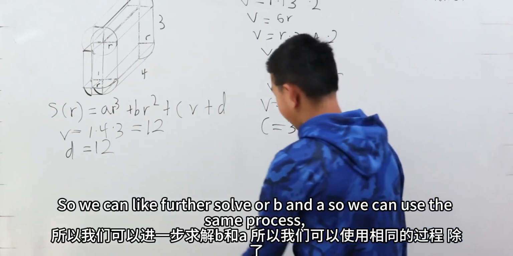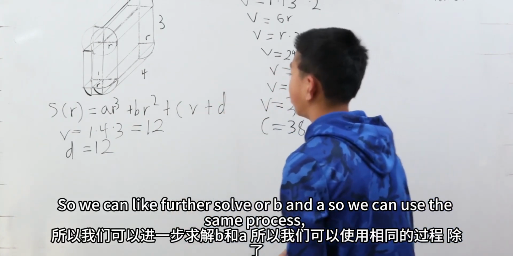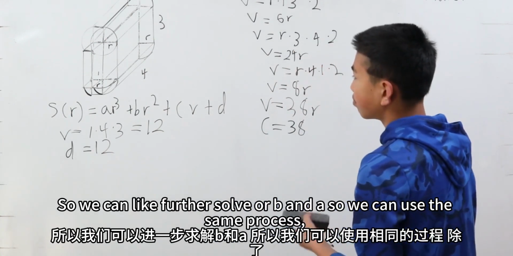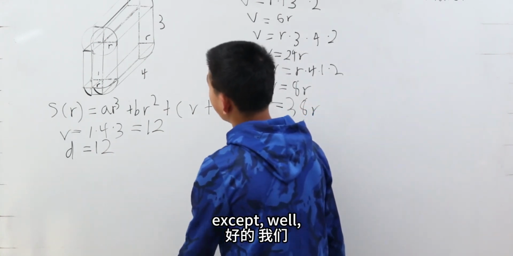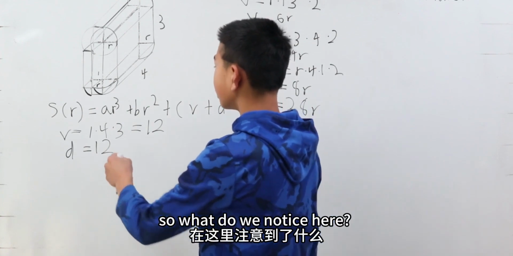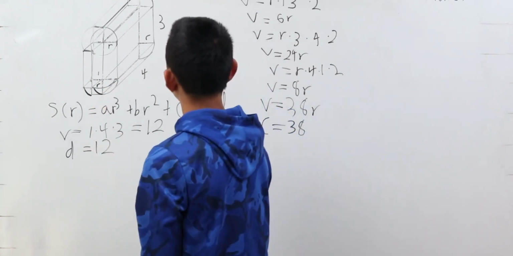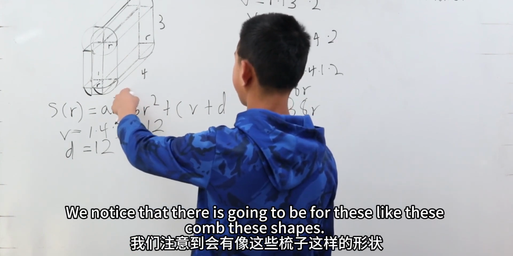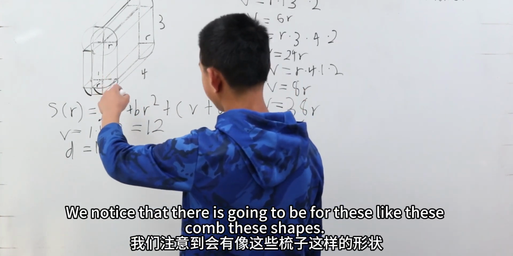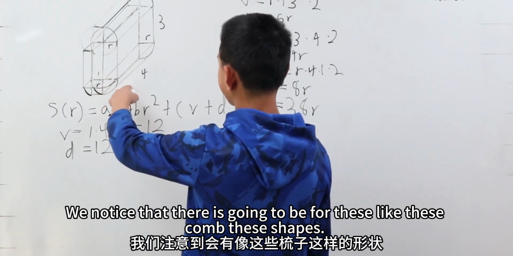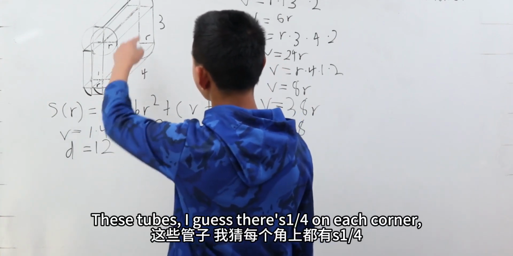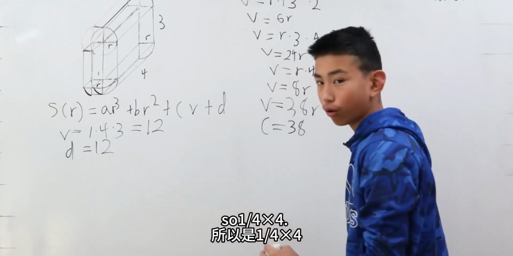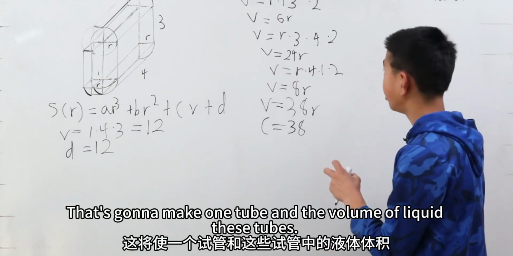So we can further solve for B and A using the same process. What do we notice here? For these shapes, these tubes, there's 1/4 on each corner, so 1/4 times 4 makes 1 tube.